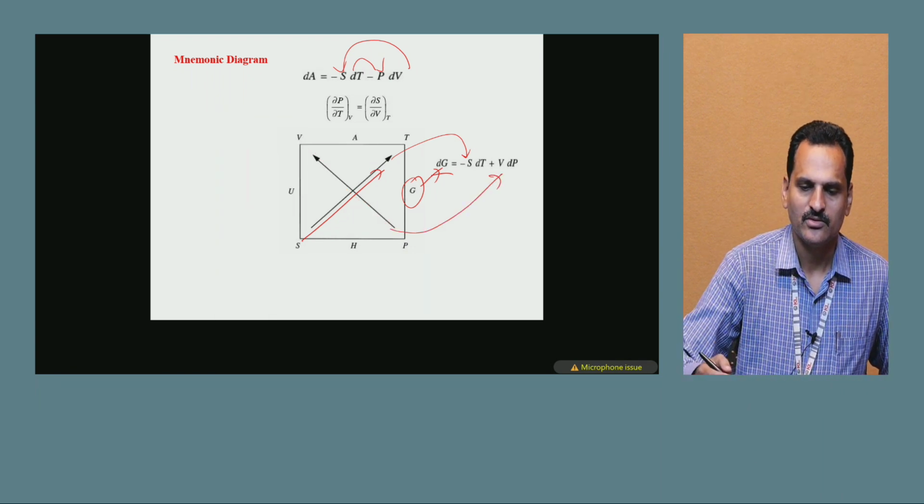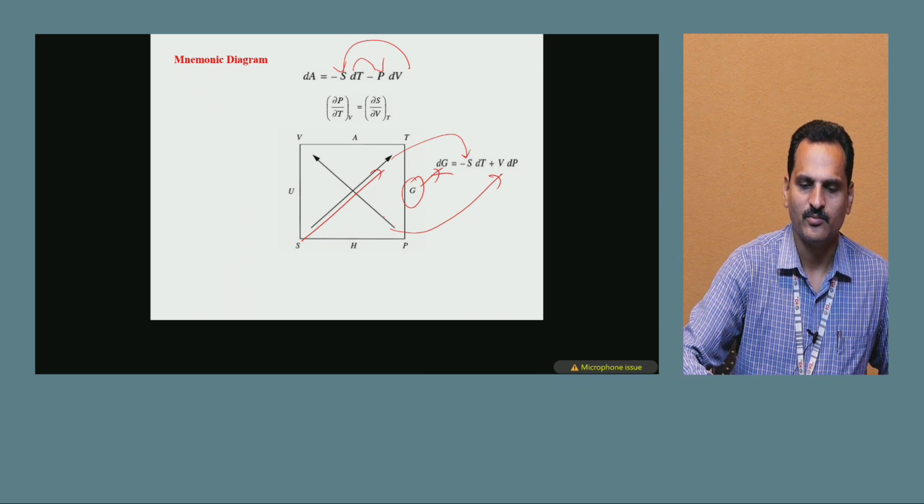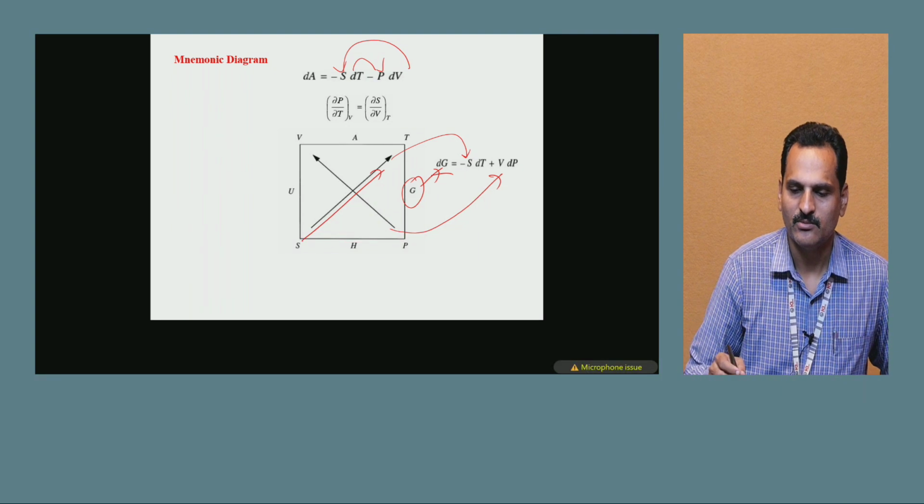Okay, so this is the opposite. Here the diagonal arrow indicates the opposite direction of the arrow representation, that's why a positive sign. The arrow towards temperature shows a negative sign and towards pressure shows a positive sign. So dG is equal to minus SdT plus VdP.